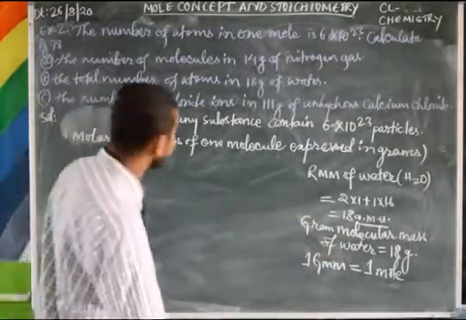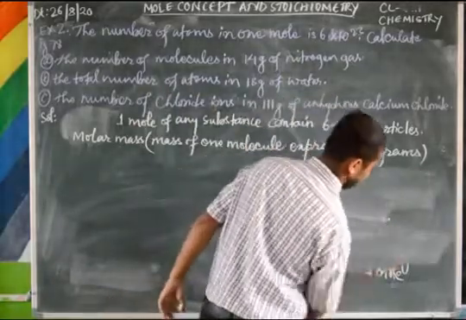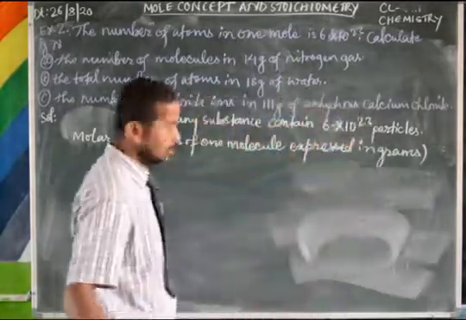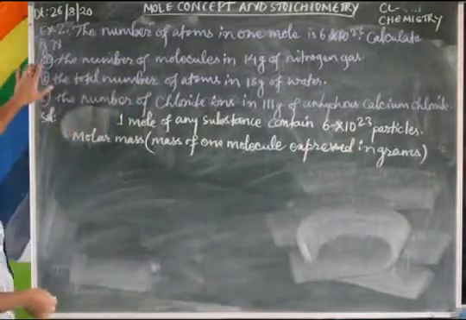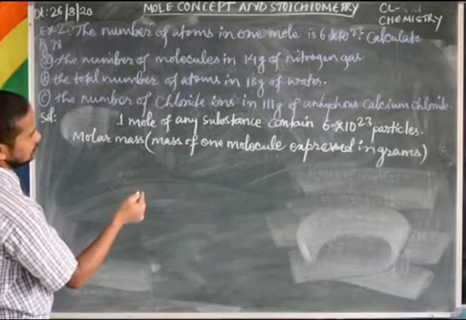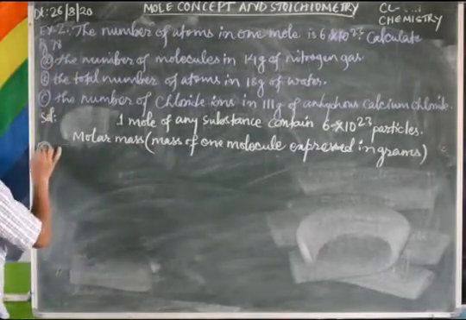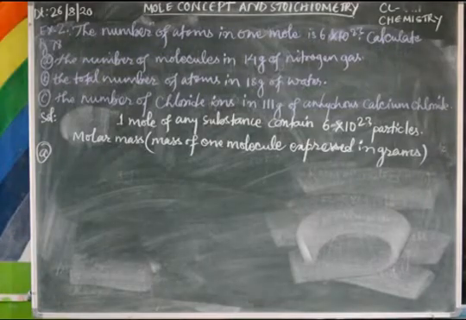Okay. Now what is here in A? The number of molecules in 14 gram of nitrogen gas.